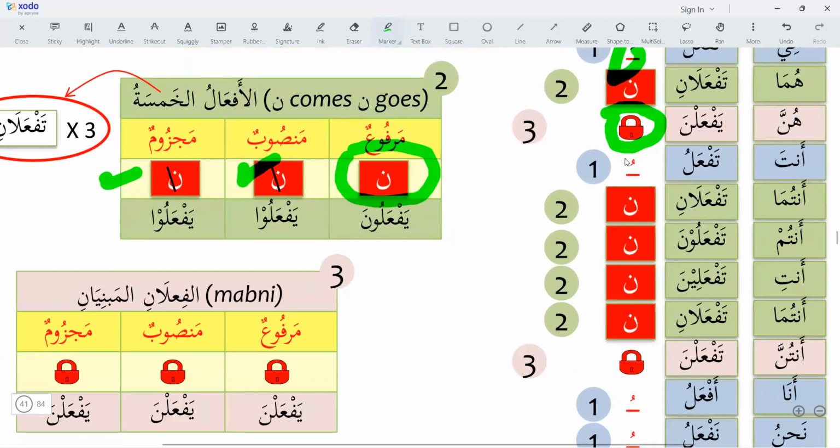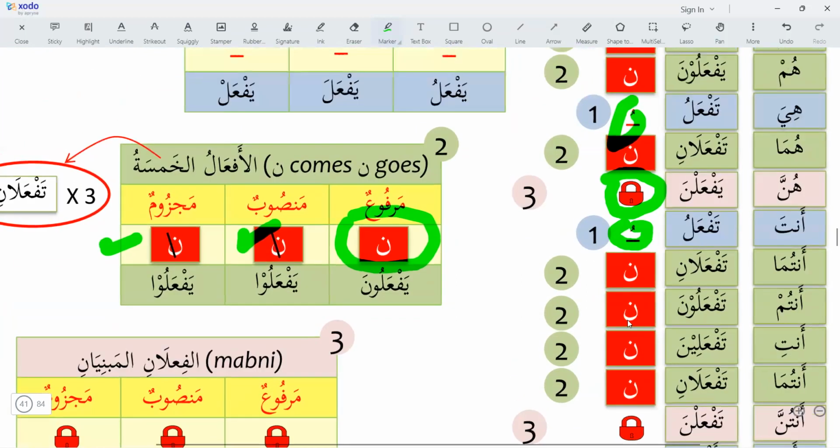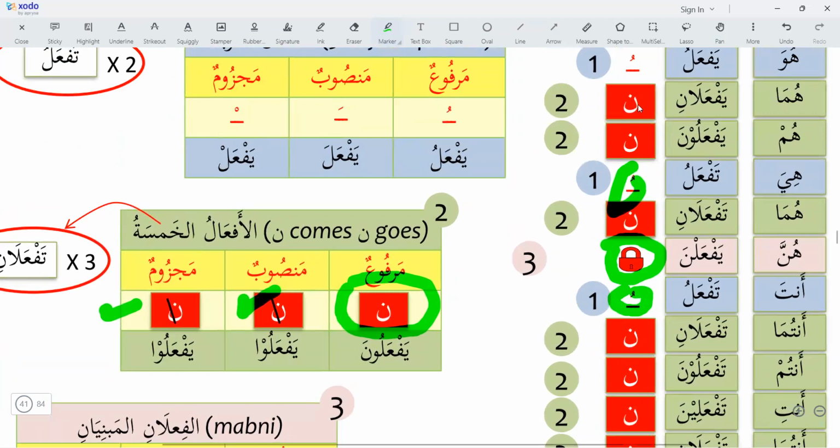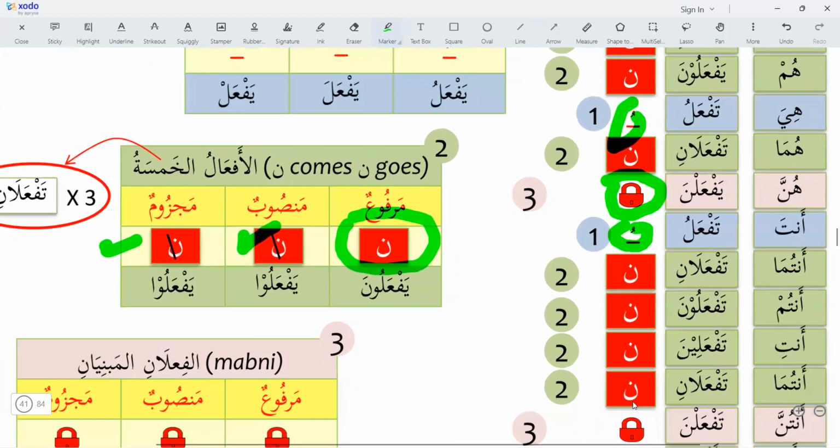Anta taf'alu. Dhamma is alamte rafa. Antuma taf'alani. Noon is alamte rafa. Antum taf'aluna. Noon is alamte rafa. Anti taf'alina, noon is alamte rafa. So they have noon, and when they are mansub or majzoom, we will delete their noon.